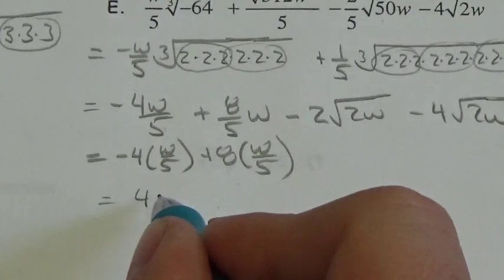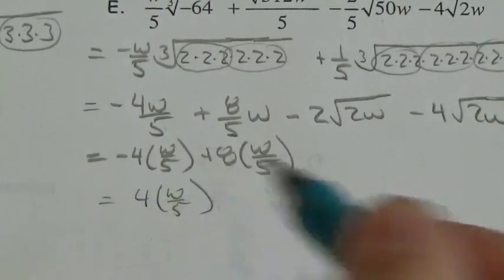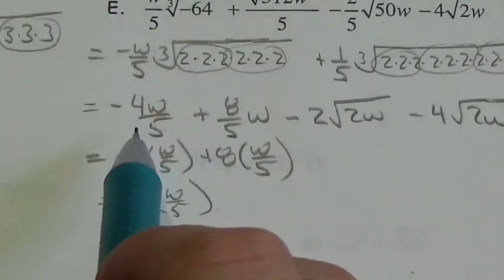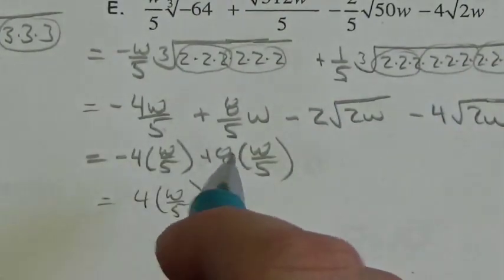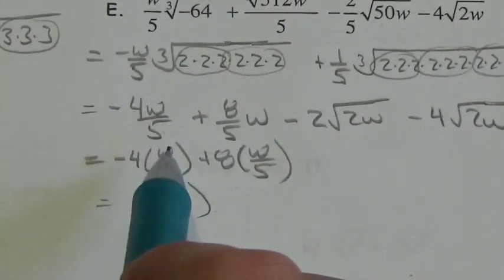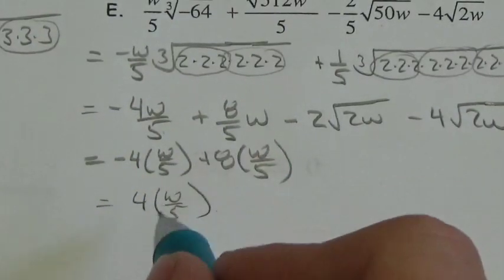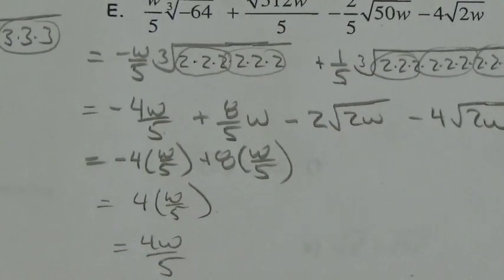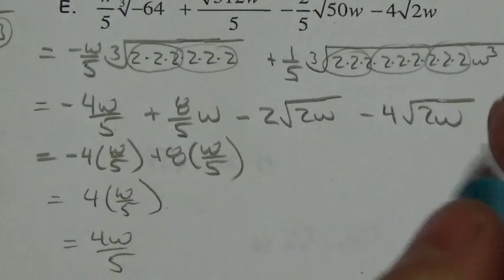Well, it's going to be 4 fifths of w. Or if you really got to think of it in terms of the algebraic approach, you're just going to add the numerators together. So negative 4w plus 8w is going to be 4w. So I'll maybe come down here and do that, if that's how you got to think that through.